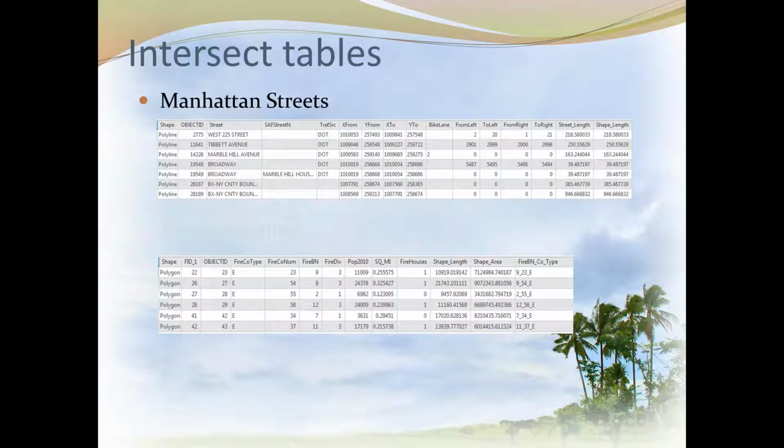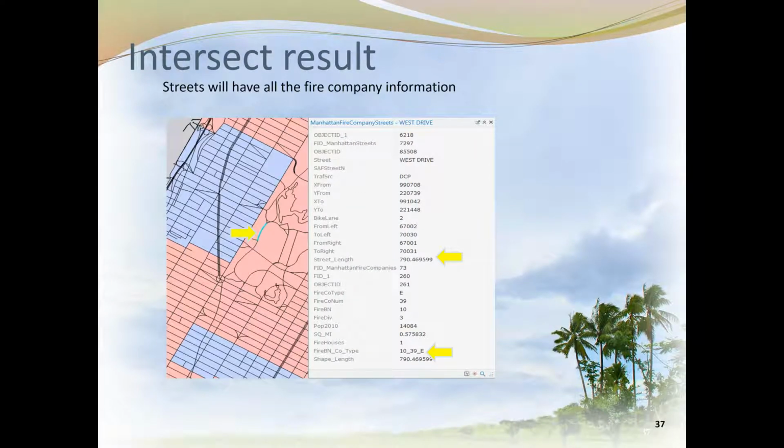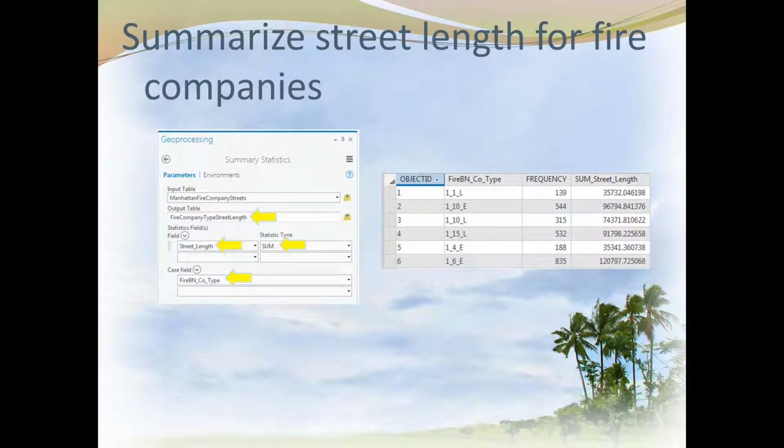Here we intersect Manhattan streets. We intersect shape area and shape length, and in the intersect results the streets will have all the fire company information here. So we combine and add them there.